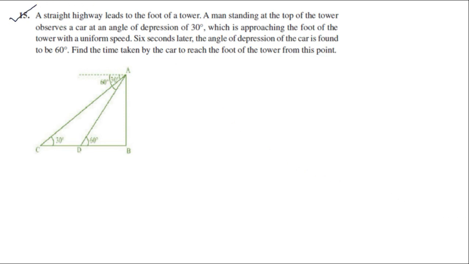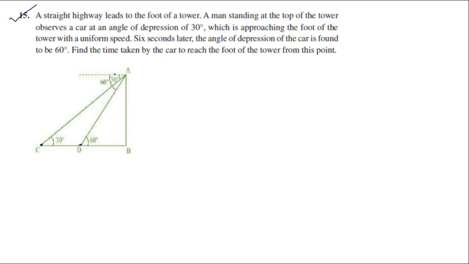Let's solve this. Look at the figure here. Here CD is representing the highway, AB represents the tower. C is the initial position of the car and D is the final position of the car after 6 seconds.